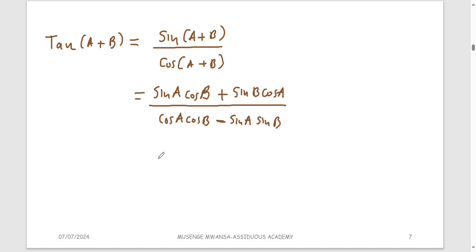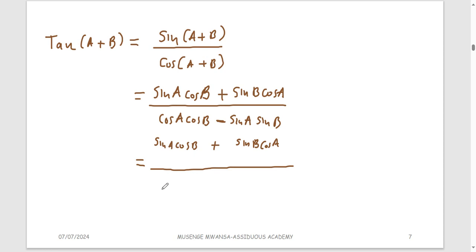At this point, what you do is very, very interesting. Please look at what I'm doing. On top, I'm going to write the sine A cos B the same way it is. And then there is also, remember, a plus, sine B cos A. I've left a space down.